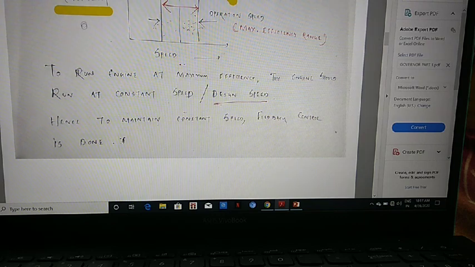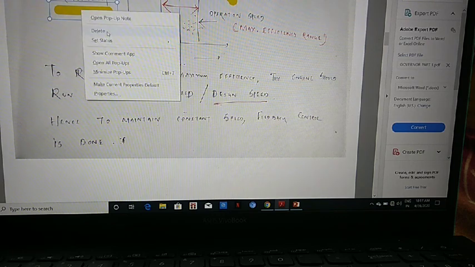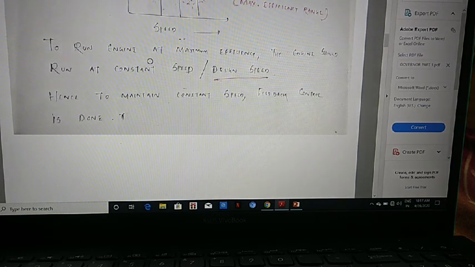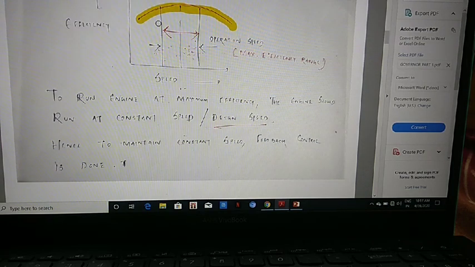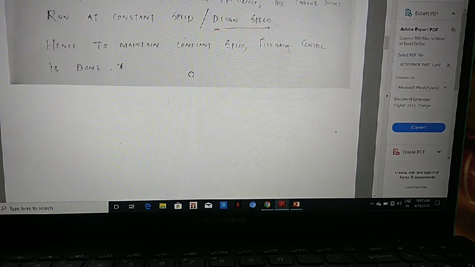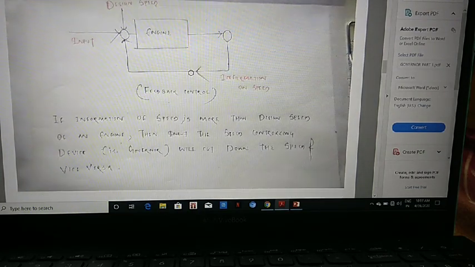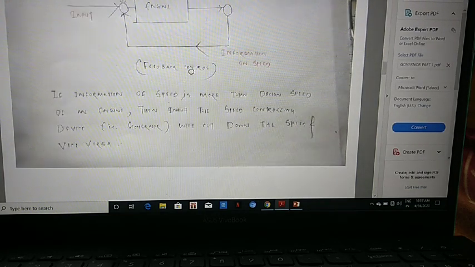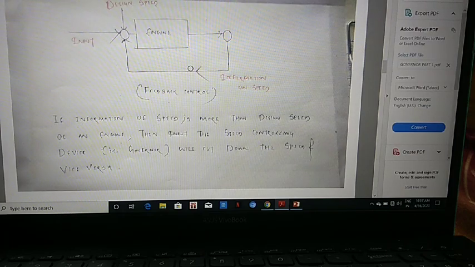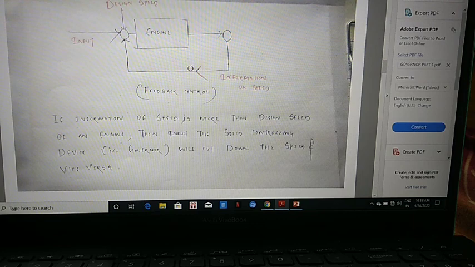So to run the engine at its maximum efficiency, we have to control the speed to this operational range, so that the speed will never exceed this limit, nor decrease below this limit. In order to control this speed, we use the device known as the governor, which we saw in that slide. So how will the engine know that the speed has been decreasing or increasing? It is by feedback control.